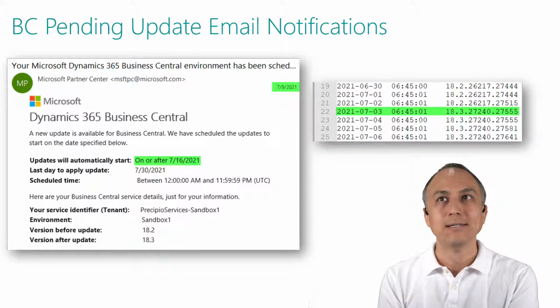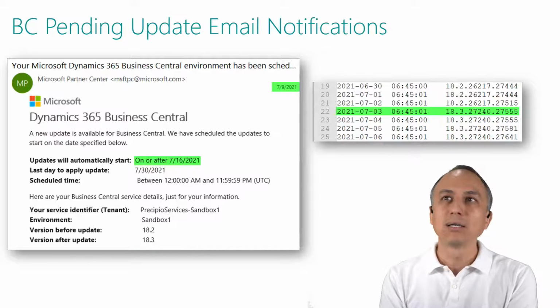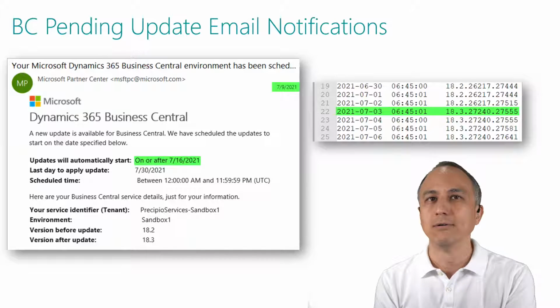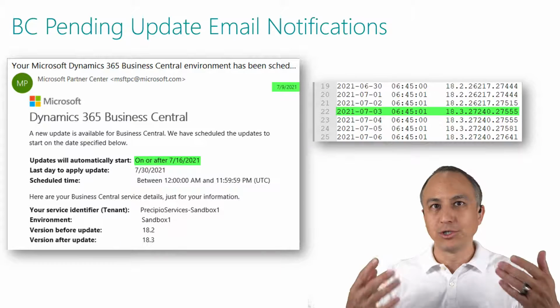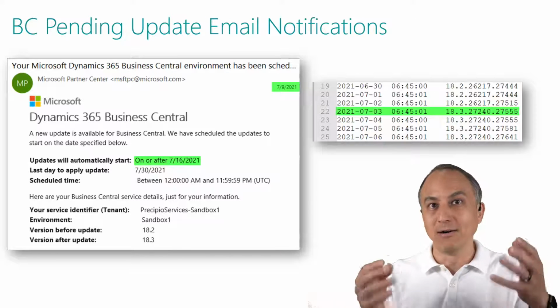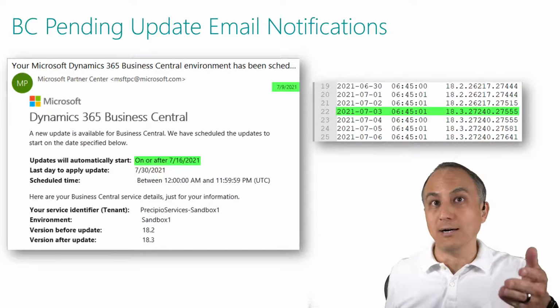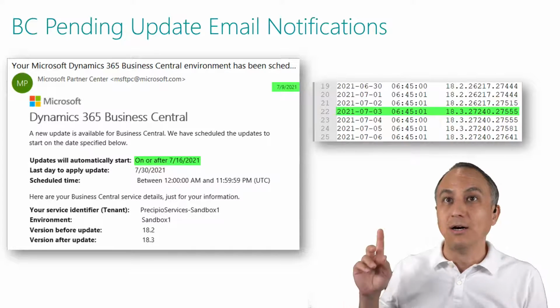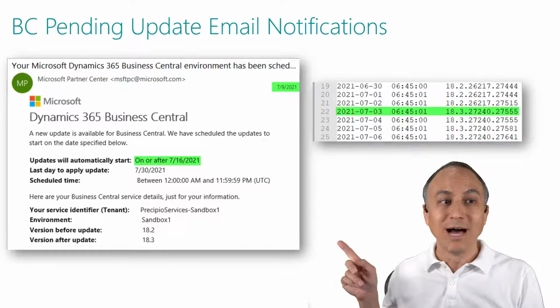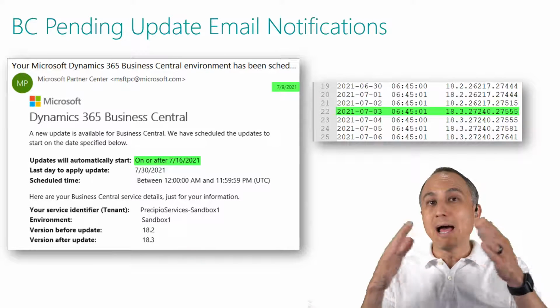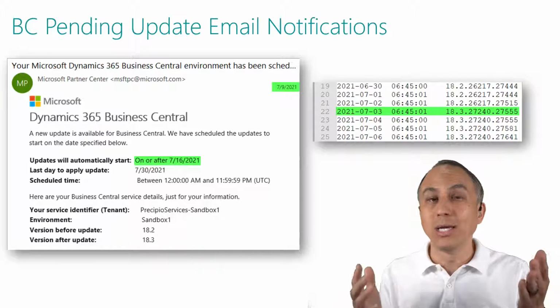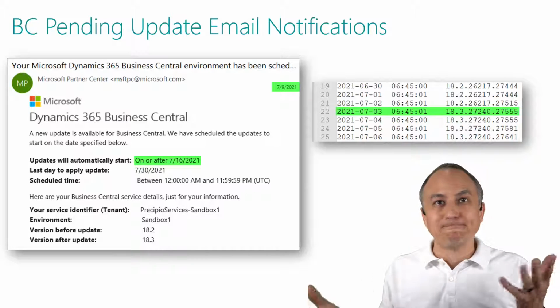2 weeks, yeah. Now you could say, well, customers could push that window. Well, that requires you to notify customers or to manage your BC Admin Center and push out those updates or your BC upgrade. And the last day to apply the update is July 30th. So your maximum window is 27 days.